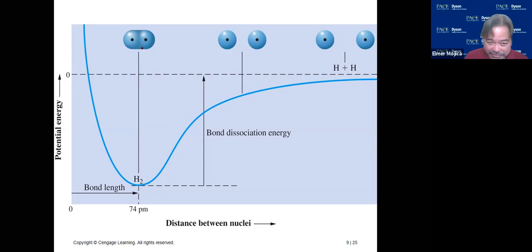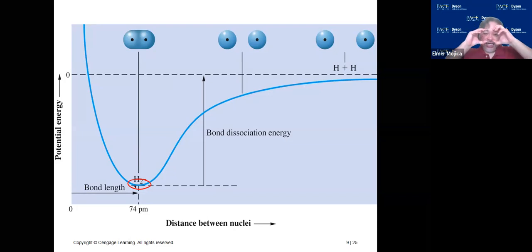If they become even closer, the energy starts to go up. So this is the most stable form, and the length that corresponds to that is your bond length. That is the length wherein the two hydrogen atoms are stable.